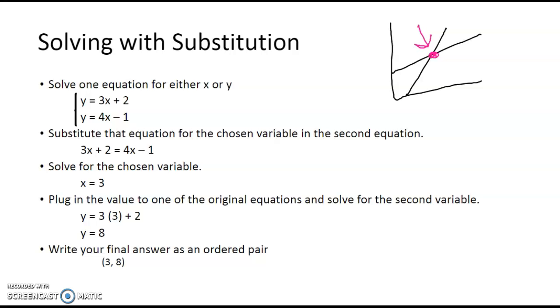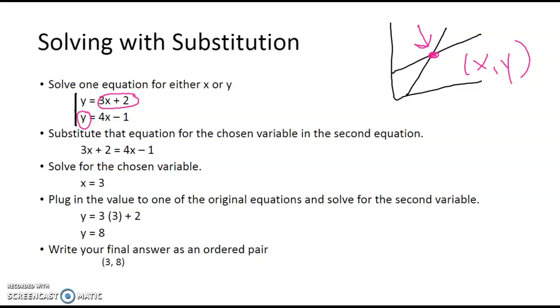That means that the x and the y value are going to be the same for both equations. So if we think about the x and y value being the same for both equations, that means that this y value right here and this y value are equivalent. Well, if this y value and this y value are equivalent, then this must also be equal to this.